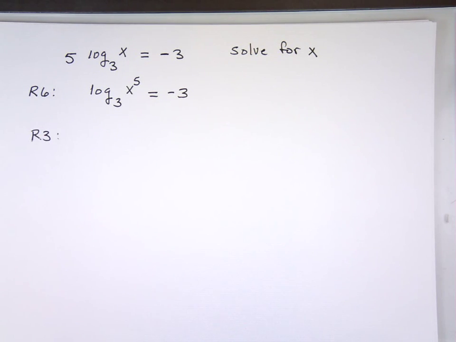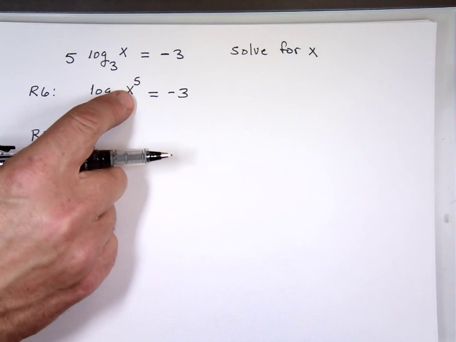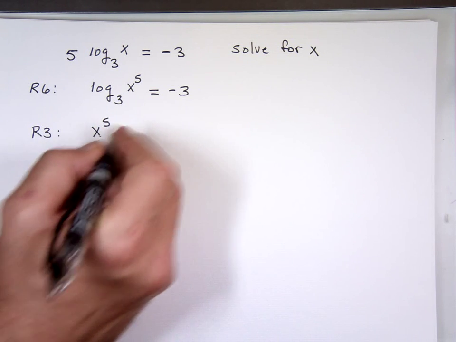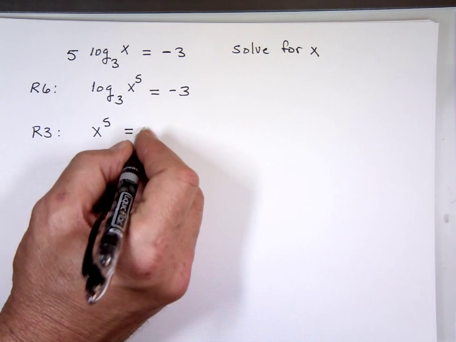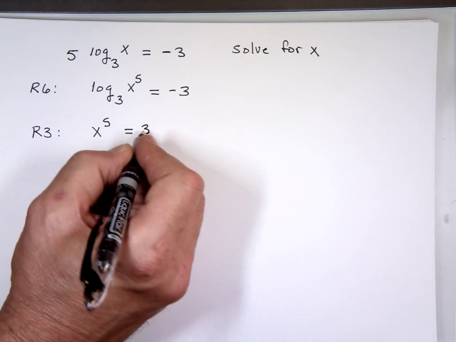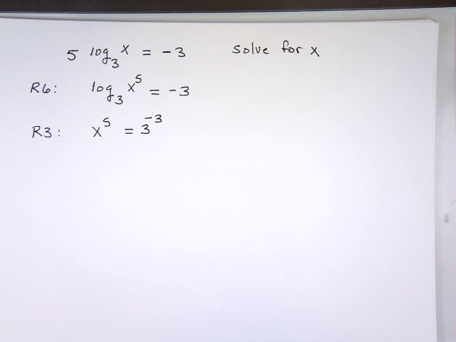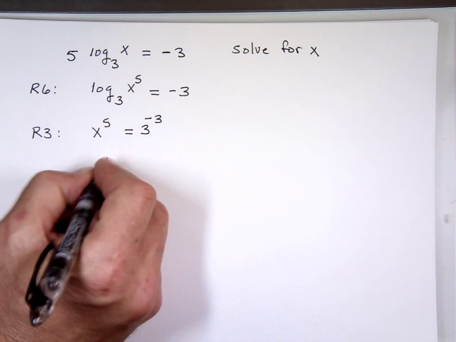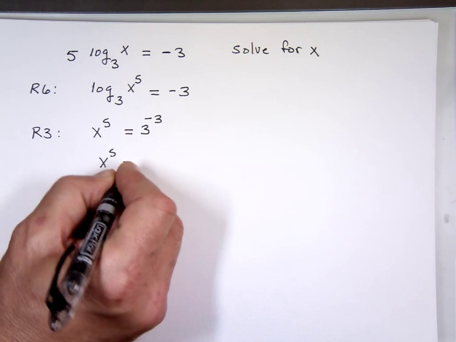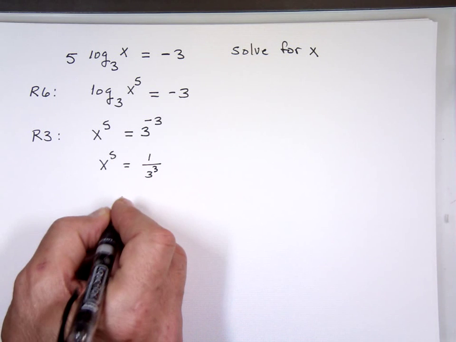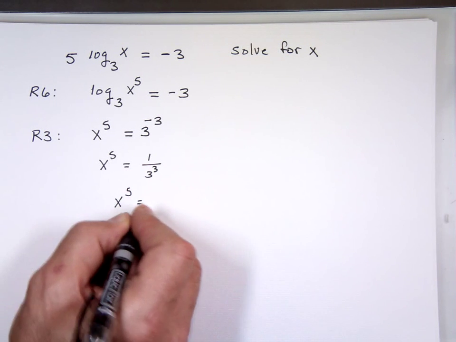I should be able to change this from logarithmic to exponential form. x to the fifth equals the base, 3, to the power of negative 3. What's 3 to the minus 3? Yep, it's 1 over 3 to the third, and you are right, it's 1 over 27.